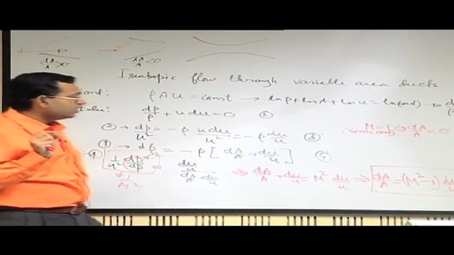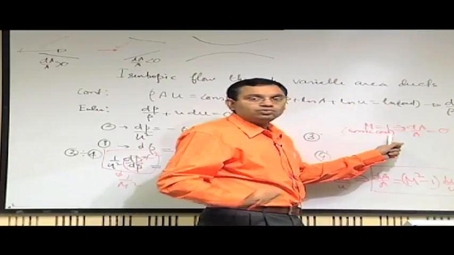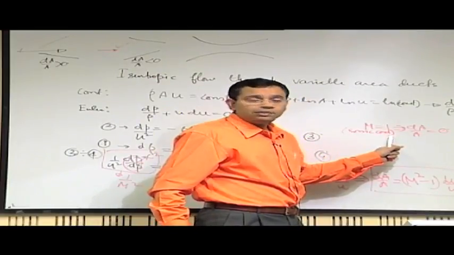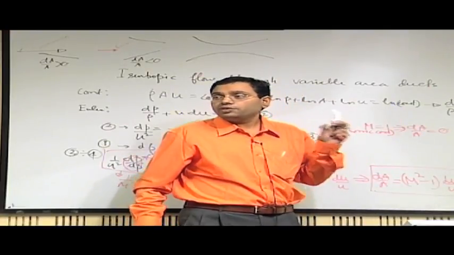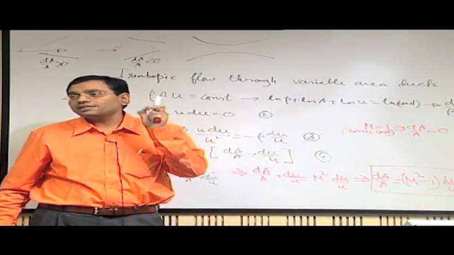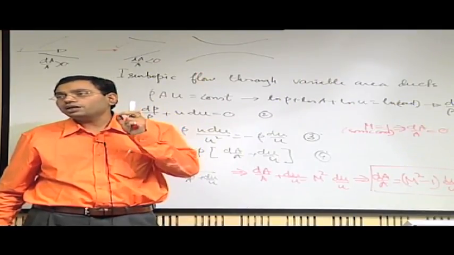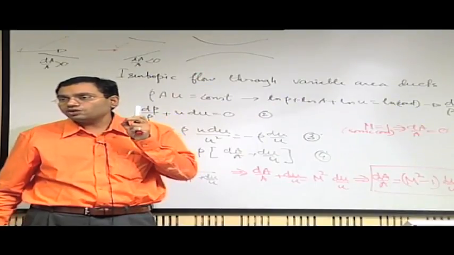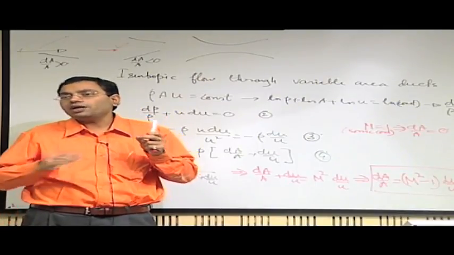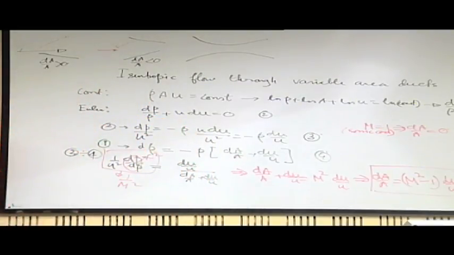If for the time being we take that at the minimum area M equal to 1 is achieved, that does not mean that at the minimum area M equal to 1 is always achieved. It means that if M equal to 1 is achieved, somewhere it has to be a minimum area location, but the minimum area location will not always have M equal to 1. If it does not have M equal to 1, it will have either a minima in M or a maxima in M, and we will see how it is possible.